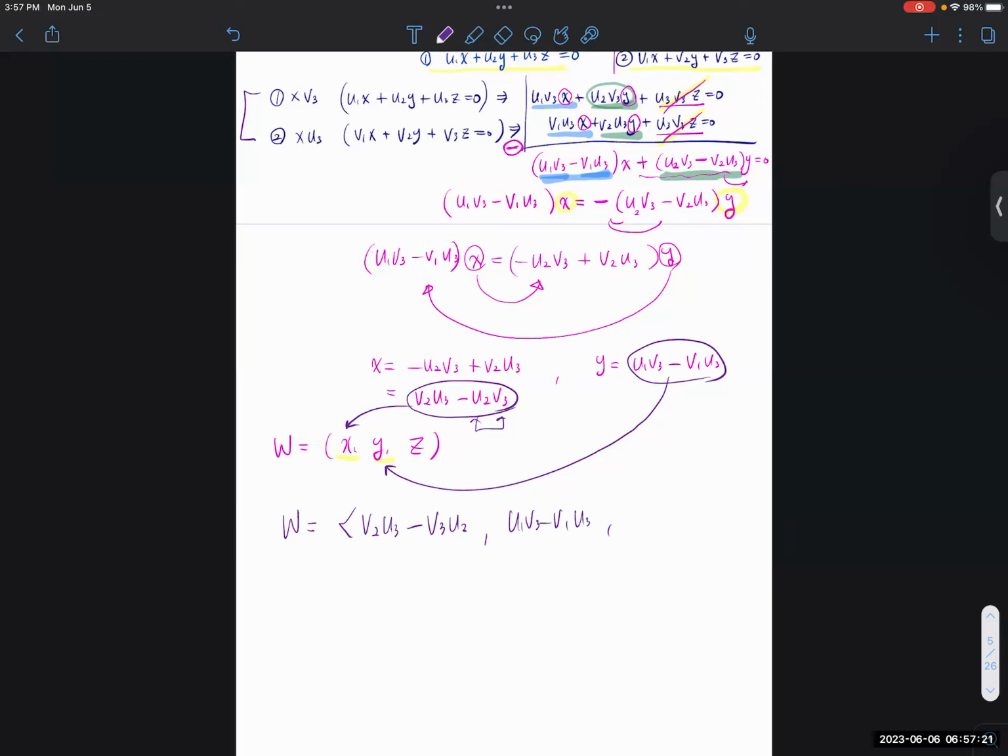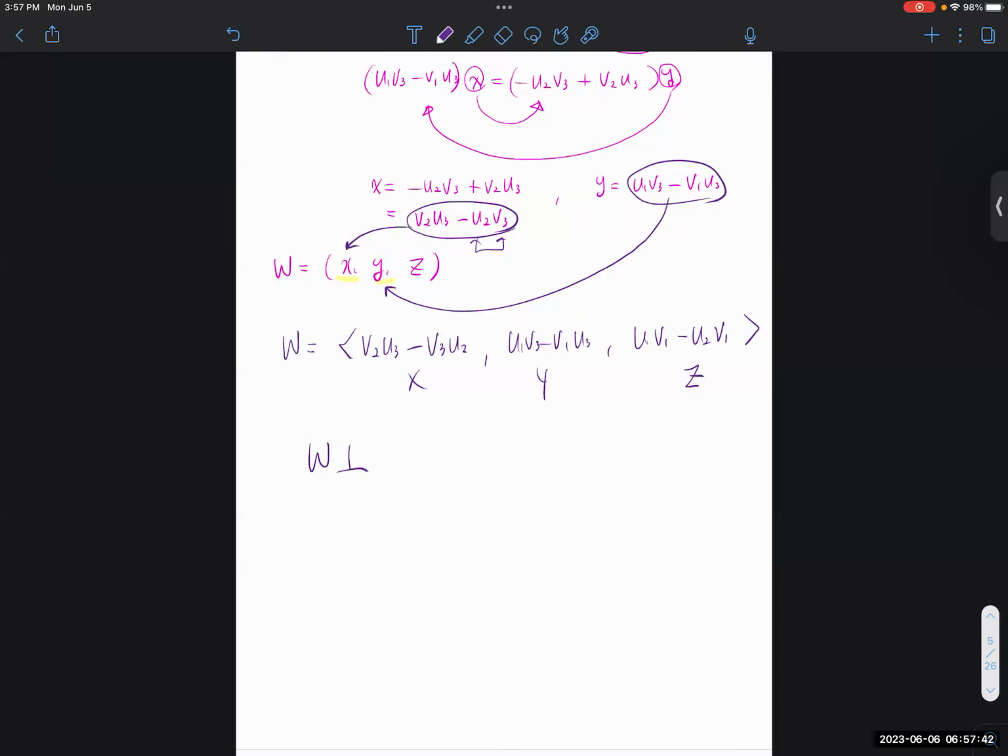And then Z is going to be U1 V1 minus U2 V1. So that's actually X, Y, Z, and it implies that W is perpendicular to the U vector, and W is perpendicular to the V vector.